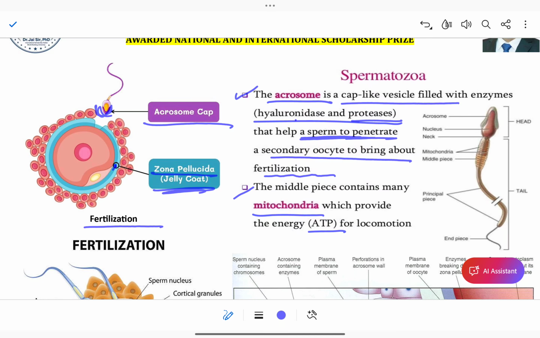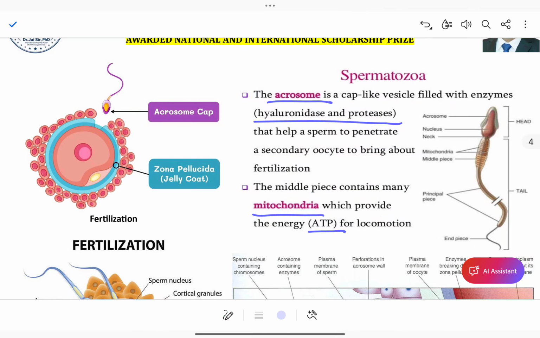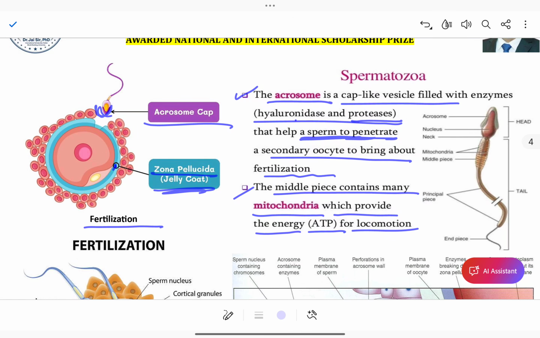Second point, the middle piece contains many mitochondria which provide the energy, ATP, for locomotion. This is the headpiece, this is the tail, okay, acrosome, and again the mitochondria here in the midpiece, okay.